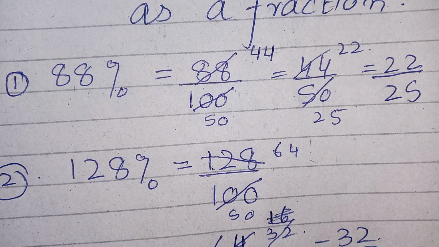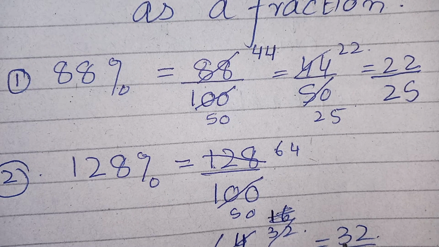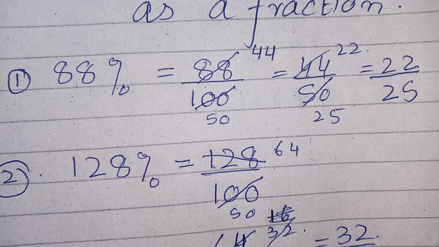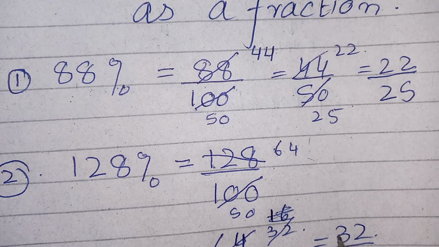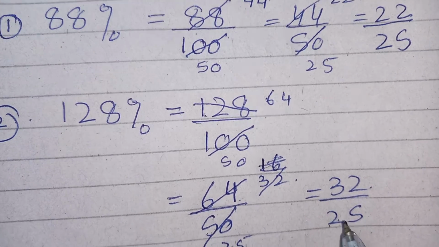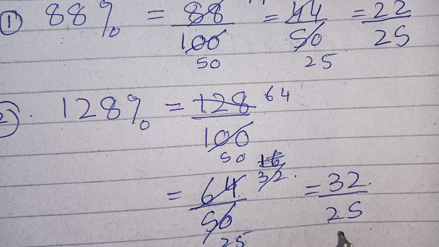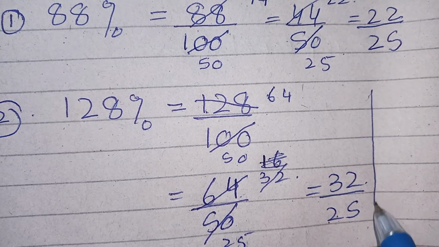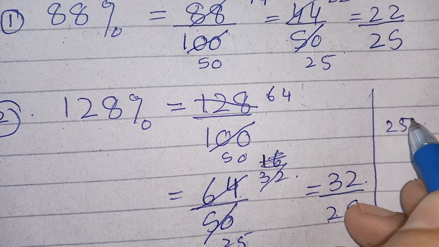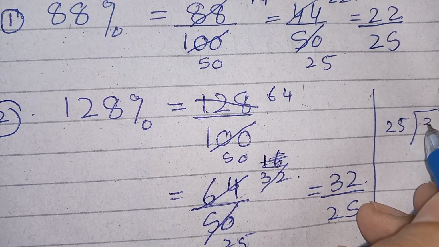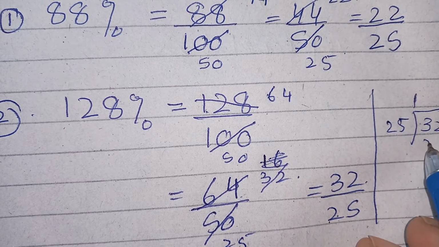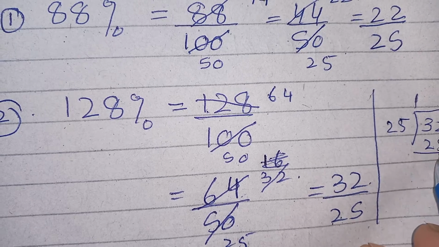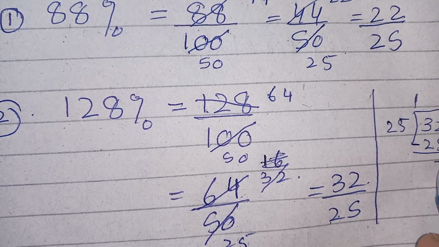Wait, remember what I told you? If the denominator is less than the numerator, we can write it in a more simplified form. How? Just by dividing it. 32 divided by 25, 1 times 25, subtracted, and you will get 7.